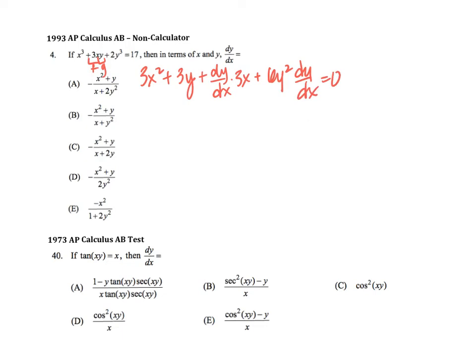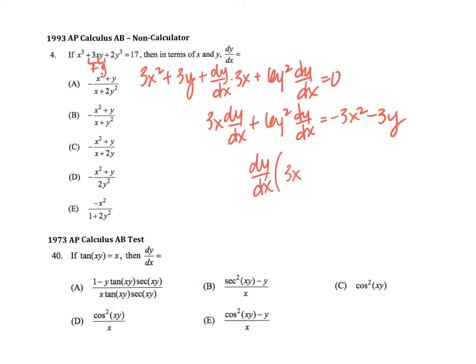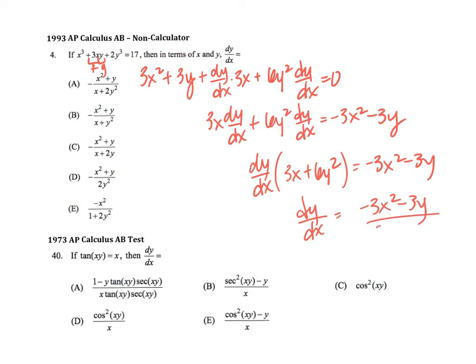They want dy/dx by itself, so I've got 3x dy/dx and 6y squared dy/dx equals negative 3x squared minus 3y. Factoring out dy/dx leaves me with 3x plus 6y squared, and finally my dy/dx is negative 3x squared minus 3y over 3x plus 6y squared.